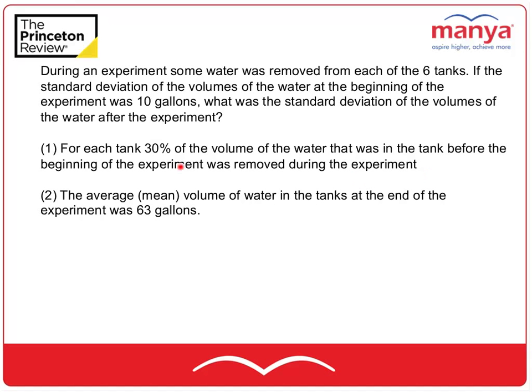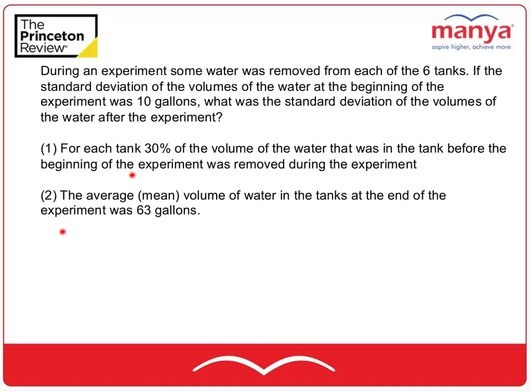They have not told how much water was there, but we know the standard deviation from the question. So if 100 was there, 30 was removed, and the remaining is 70, like that. That is what we know.